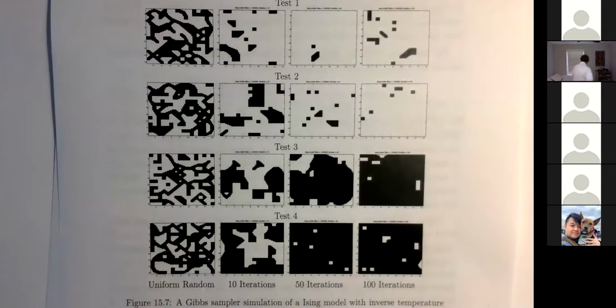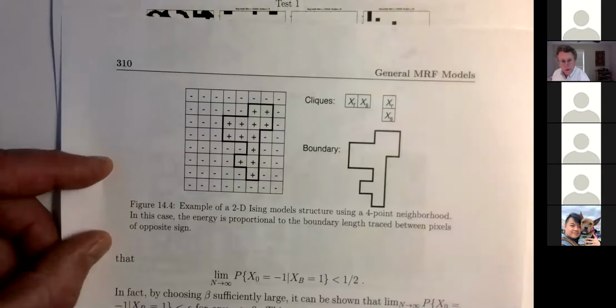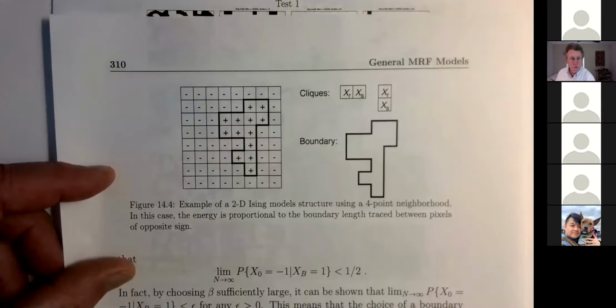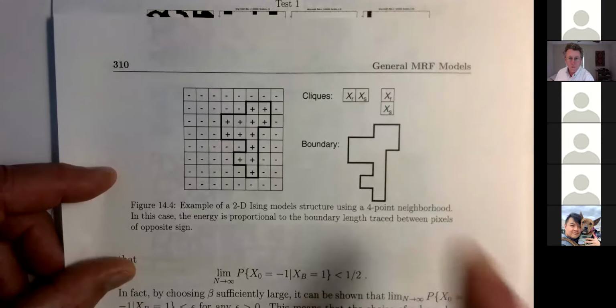Actually, I think on the earlier section that we skipped, there's an example. This is from the earlier chapter on general Markov random fields.